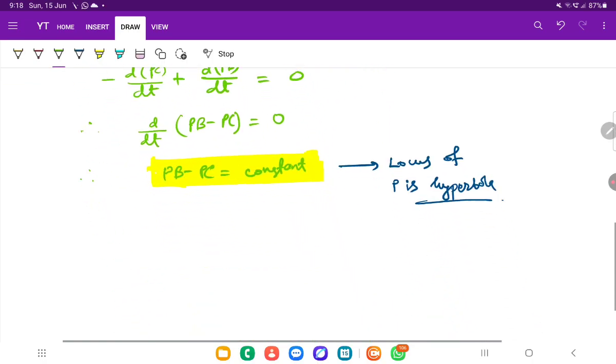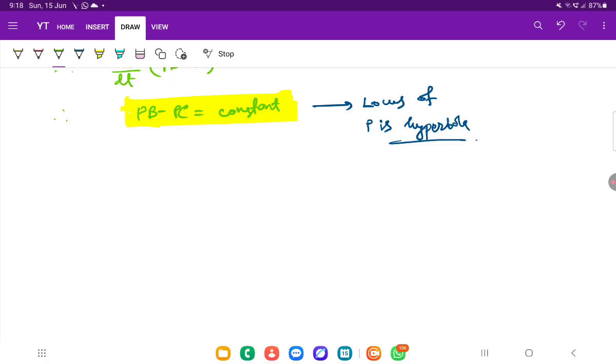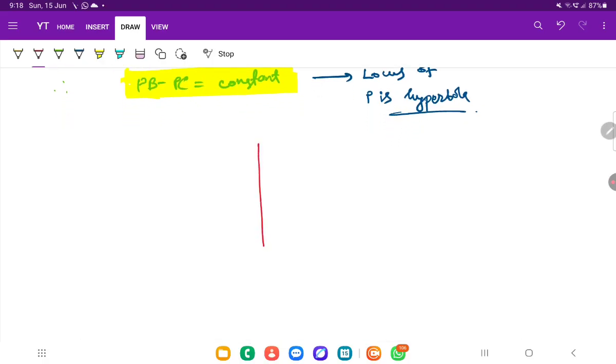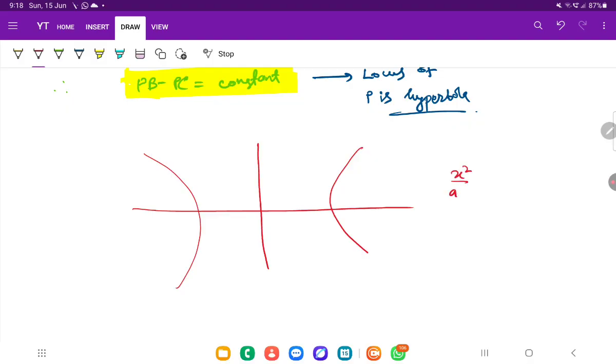Now I will draw the whole figure in a standard hyperbola form, right? Let's say these are the coordinate axes x and y. This one is my standard hyperbola. I'm taking x square upon a square minus y square upon b square as 1. And this is obviously the x-axis and this is obviously the y-axis.